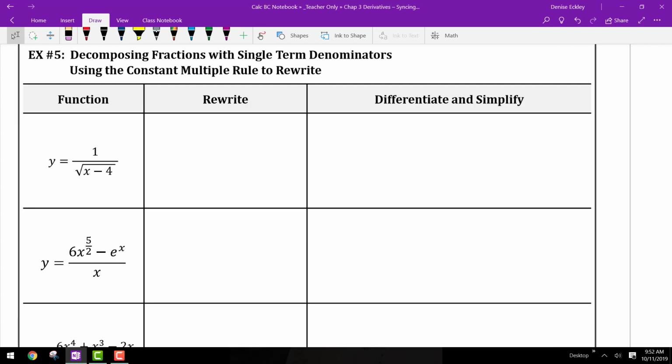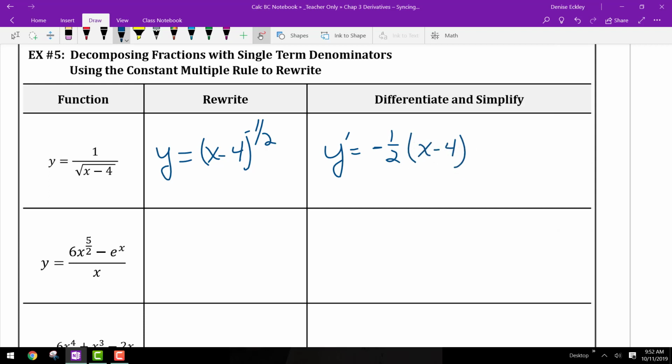So the first one, if I rewrite it, I can think of this as y equals x minus 4 to the -1/2 power. Now I can differentiate that and simplify it. So y prime becomes, I can kind of use the power rule here, and this is a special case, and we're going to talk more about this later in the next unit when we talk about something called the chain rule.